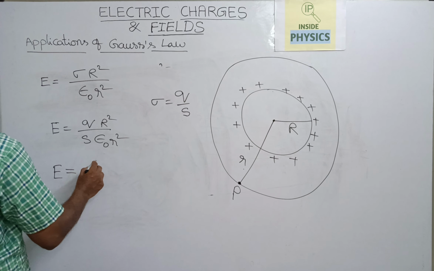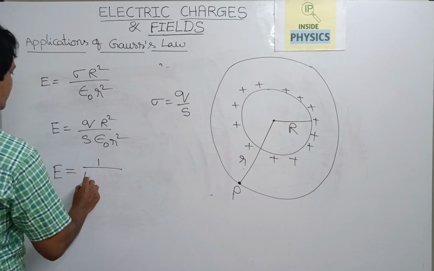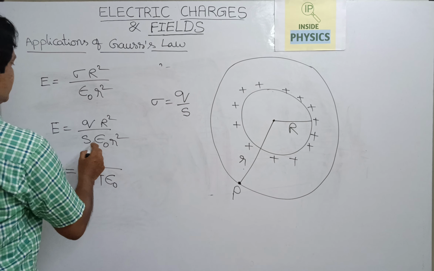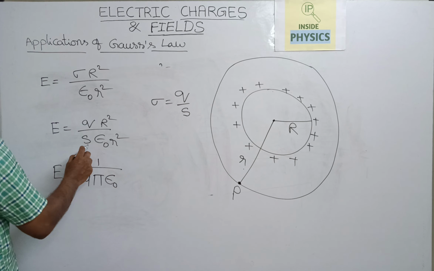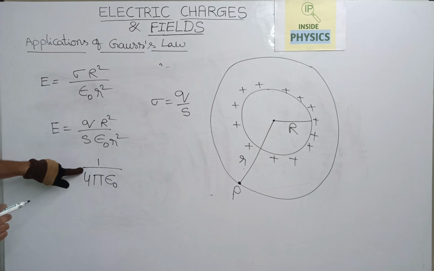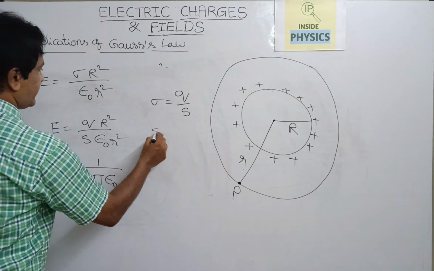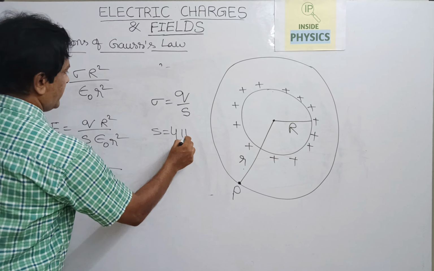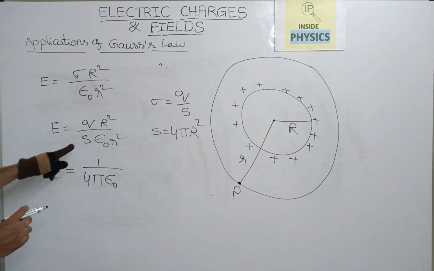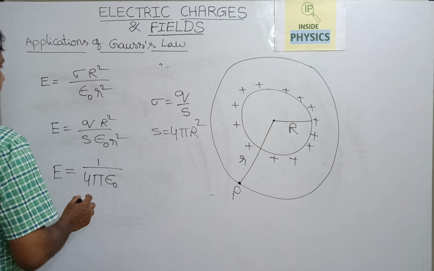This can be considered as 1 by 4 pi epsilon naught, and this S is written as 4 pi R square, and R square will be getting cancelled, and this is nothing but Q by r square.